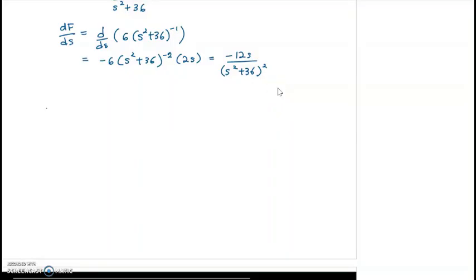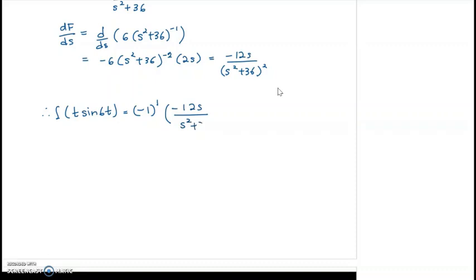So the final answer, the Laplace of t sine 6t, is negative 1 times dF/ds, so we have negative 1 times negative 12s over (s squared plus 36) squared. This can be written as positive, because we have negative times negative, so 12s over (s squared plus 36) squared.